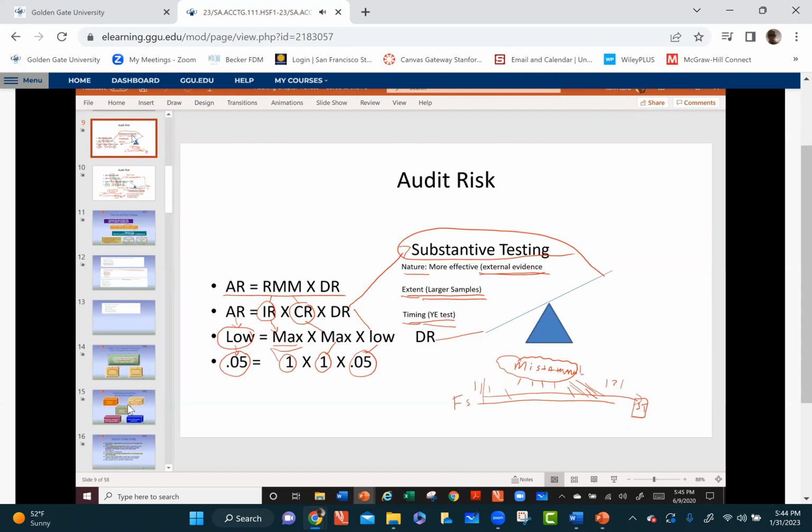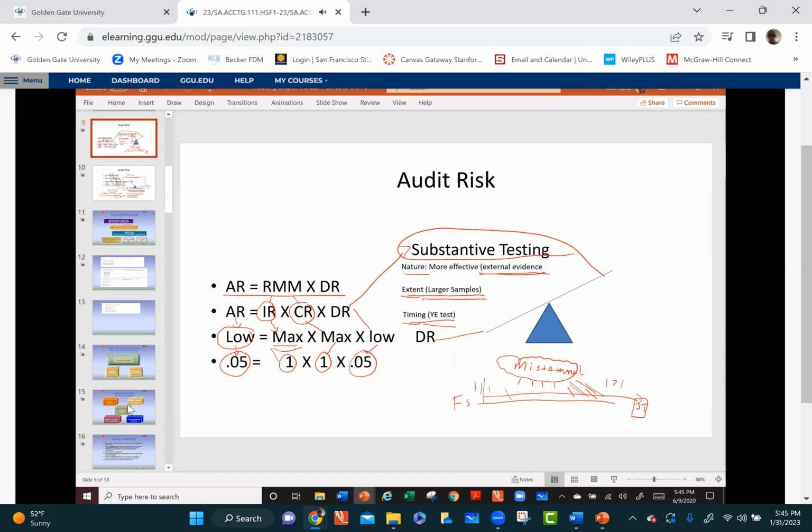A good way to remember this is by the mnemonic NET: nature, extent, timing of our substantive testing. Nature, meaning we want to use a more effective procedure. We're going to use external evidence instead of internal evidence for our substantive procedures. Extent, larger sample sizes. Timing, we'll do our testing at year end rather than at interim.